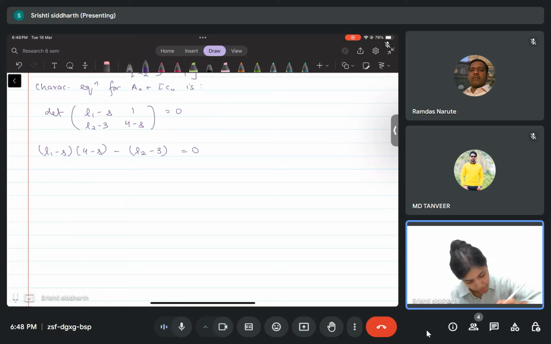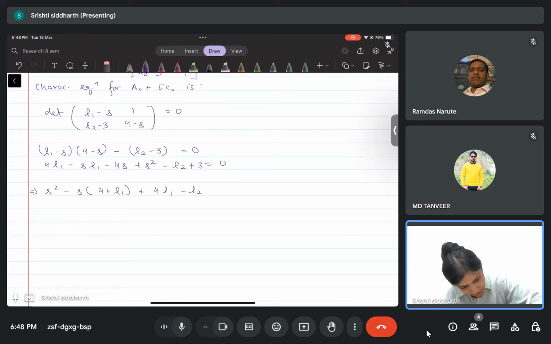Now let's expand this quickly. This is 4L1 minus S L1 plus S square minus 4S minus L2 plus 3 equals 0. So S square minus S times (4 minus L1), then plus 4L1 minus L2 plus 3 equals 0.